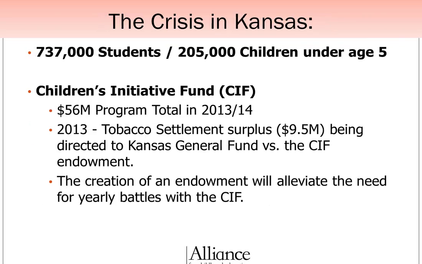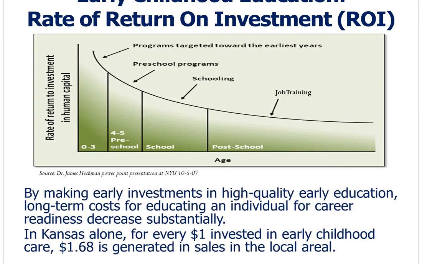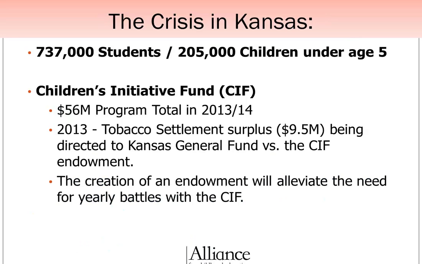In Kansas, as you heard about the Children's Initiative Fund, and you heard a little bit about the law that suggests that the tobacco settlement surplus would be moved not to the general fund but to the SIF endowment. And every year, or at least this year as well, there's another proposal to move that money. And not to SIF, but just to move that money. And so the hope is that there would be an endowment that's created.